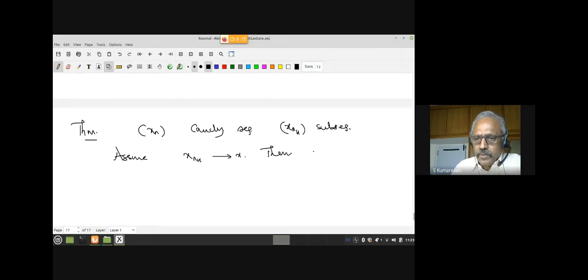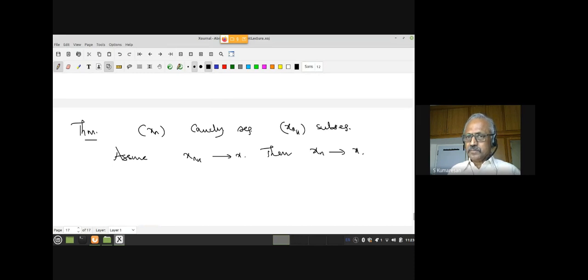Then you want to conclude the original sequence xn itself converges to x. This is one of the most important tricks in analysis. Most often you want to show some sequence is convergent, you may not be able to do that. What you can show is it's a Cauchy sequence, and you may be able to spot a convergent subsequence. Therefore, you know the limit of the original sequence xn.